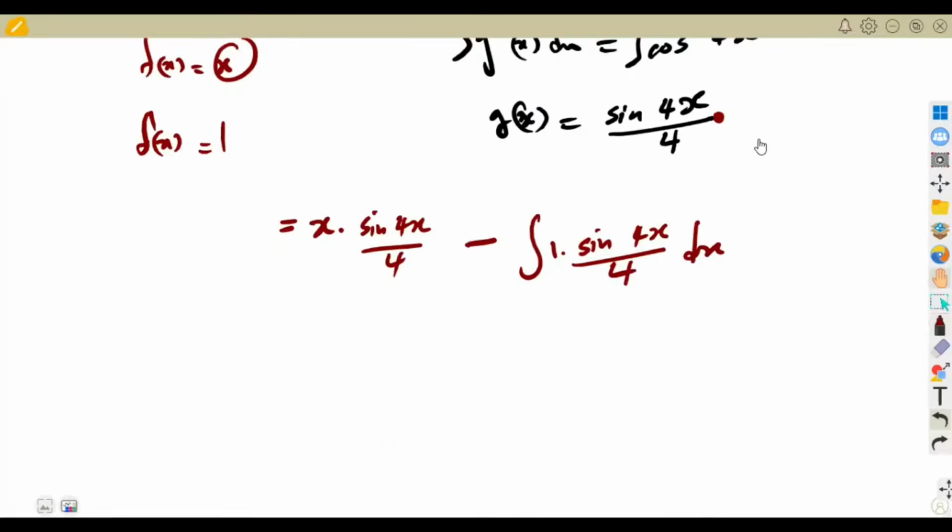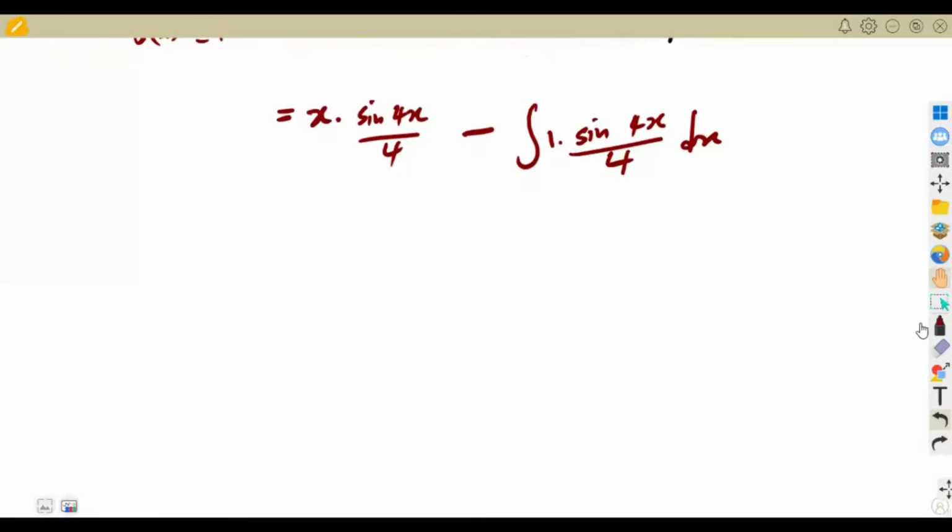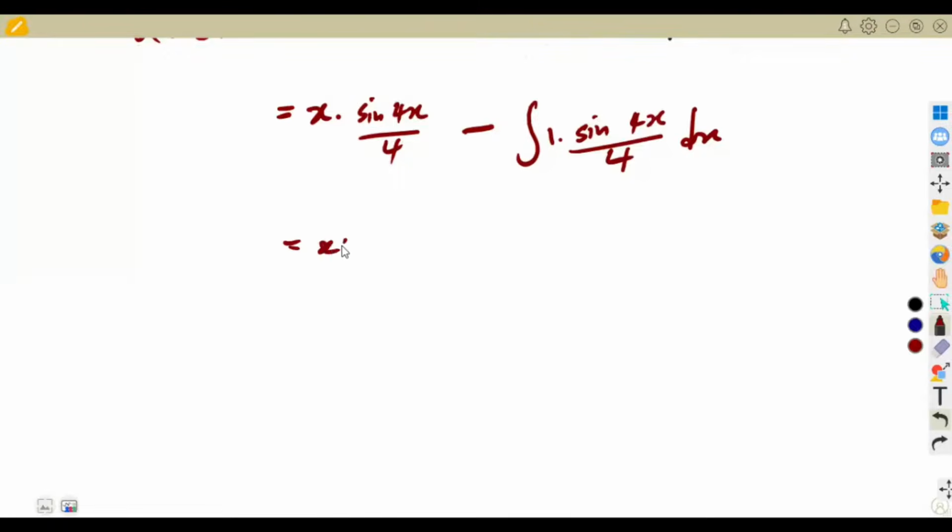Okay, so on this part we are now supposed to integrate the last part. Here you can write the first term as a single term: x sine of 4x everything over 4. Minus, we can take 1 over 4 out of the integral so that we can integrate properly. You remain with the integral of sine 4x. And what is the integral of sine 4x?